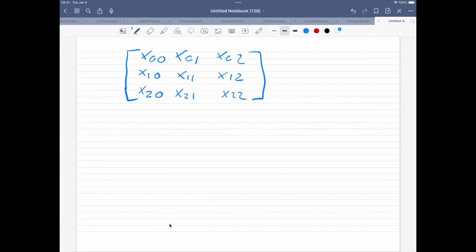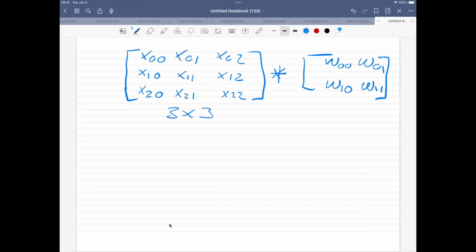And then I'm performing the convolution with a filter with only 4 elements. So this is a 3 by 3, that's the input. And this is a 2 by 2 filter.